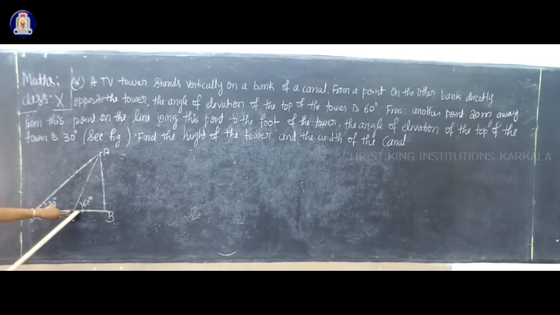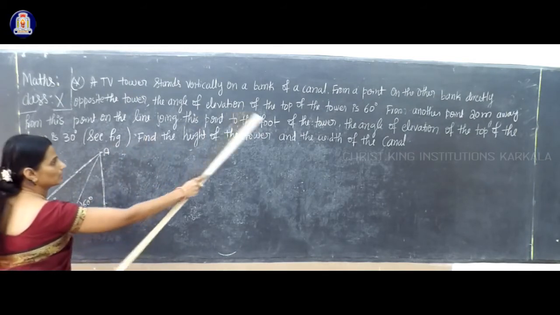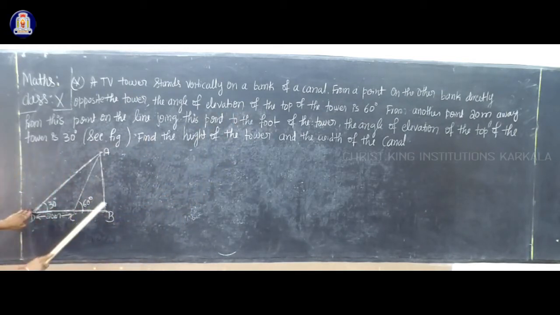Next, from the next point, which is 20 meter away from this point, from here to here is 20, the angle of elevation to the top of the tower is 30 degree. Find the height of the tower and the width of the canal. Height of the tower means AB, width of the canal means BD.